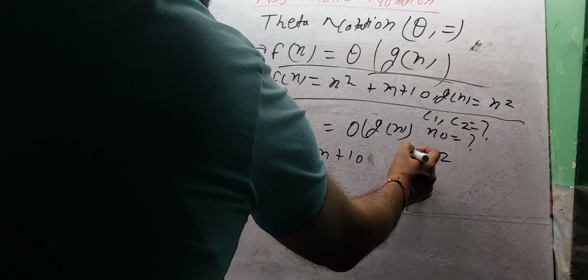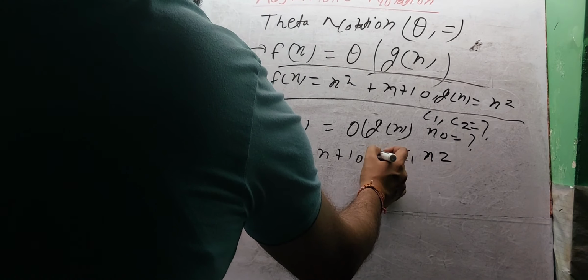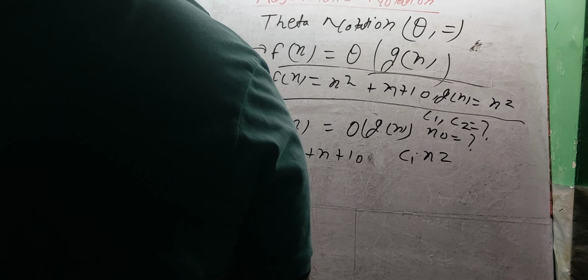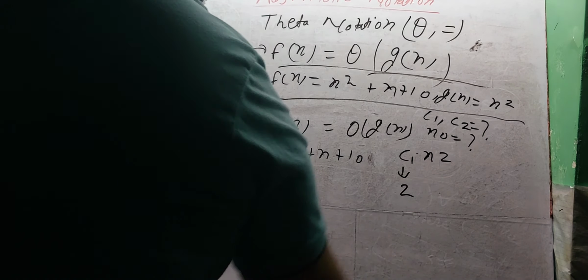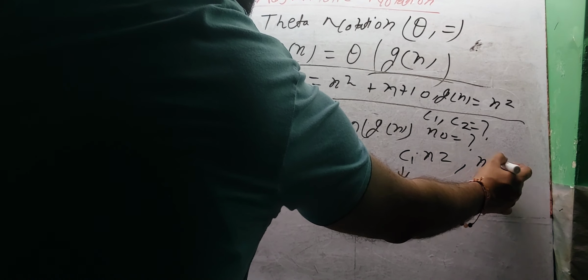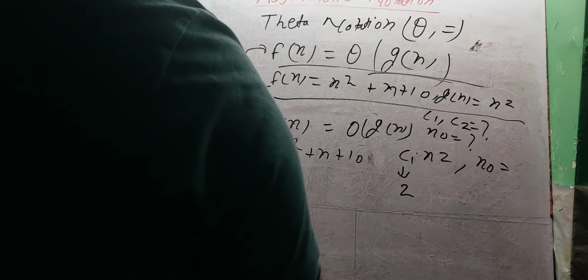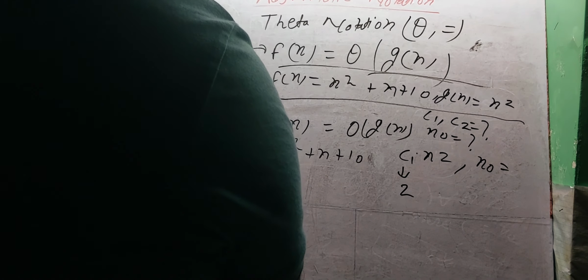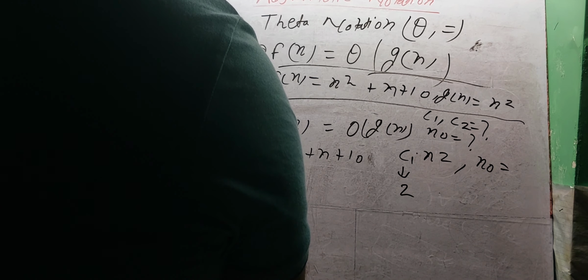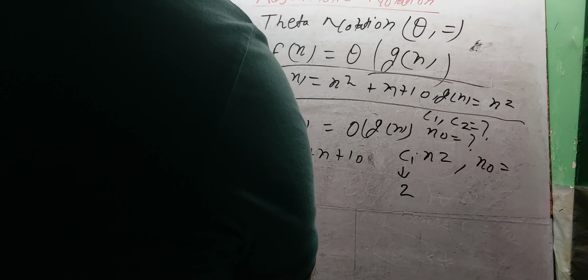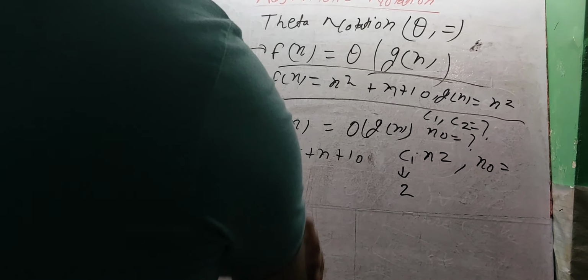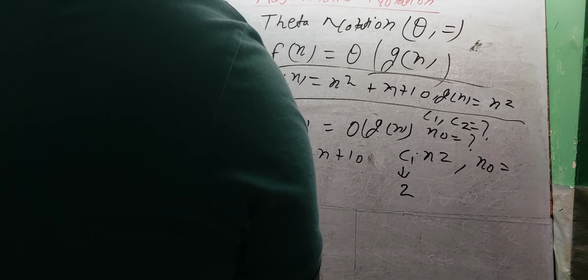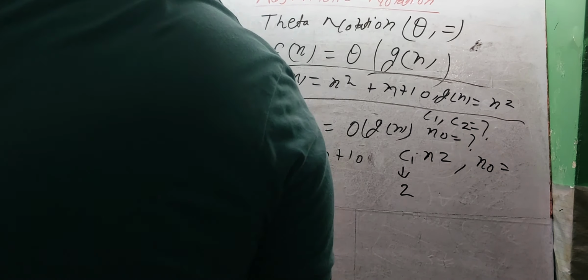Now we will take some value c1, say c1 as 2, and we also need to find n naught, so that from that value, if we increase the value greater than n naught, this condition will hold true.